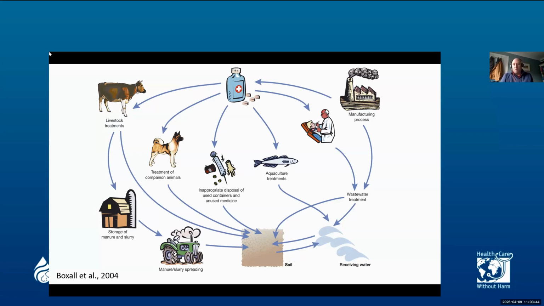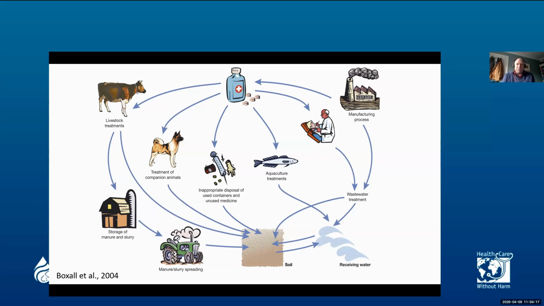We recognize probably the most important route for human medicines is treatment of the patient and excretion of the pharmaceutical by the patient to the wastewater treatment network. And then we have the whole area of veterinary medicines. So in aquaculture, medicines can be applied directly to the environment. When we think about livestock treatments, the manure and slurry from treated animals can be applied to fields, and that can carry the chemicals onto the soil.